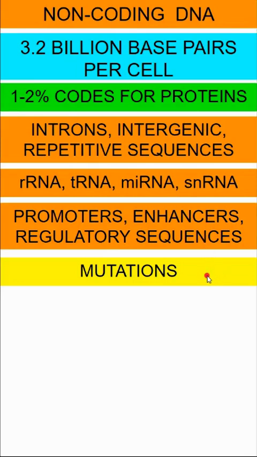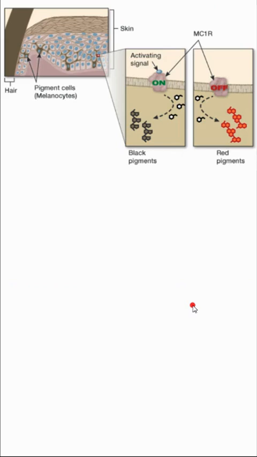So when we talk about mutations, again, it's not always so serious because there isn't that much of our DNA that's always coding for proteins. But the fact is that mutations don't only change the structure of the proteins, they can change the expression of genes. So it may change the amount of protein being made and not necessarily the structure of those proteins. So our first example here we're going to look at is this MC1R gene.